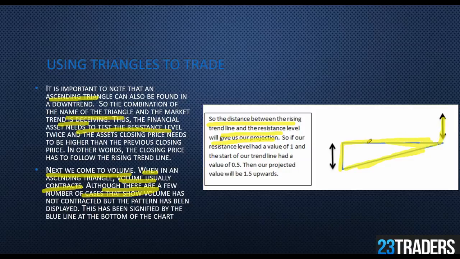So if our resistance level had a level of 1 and our trend line had a level of 0.5, then our projected value would be 1.5. So we're expecting a 1.5 or an equal distance to what the width of this triangle was in an upward movement if it's a breakout up.